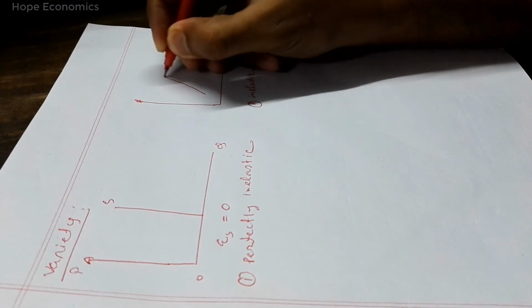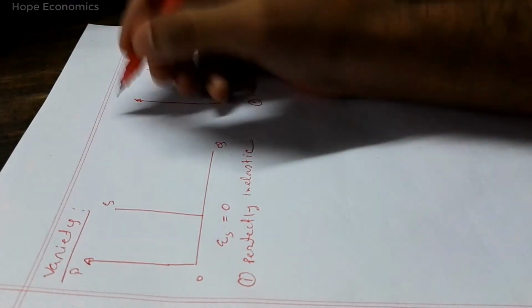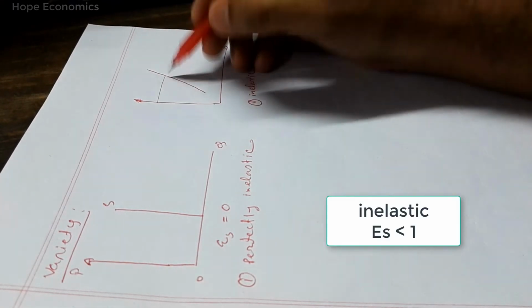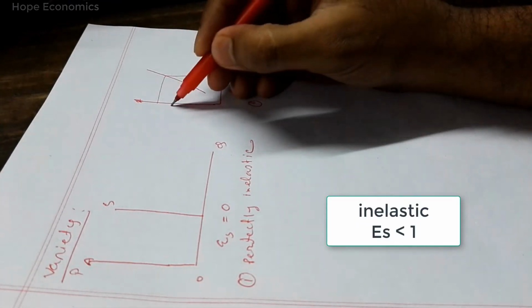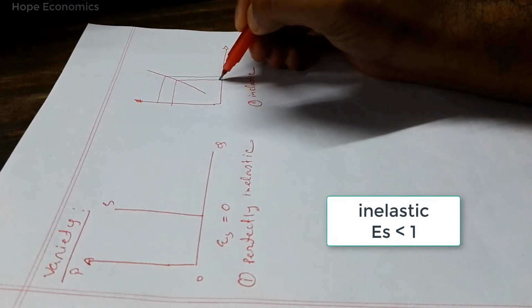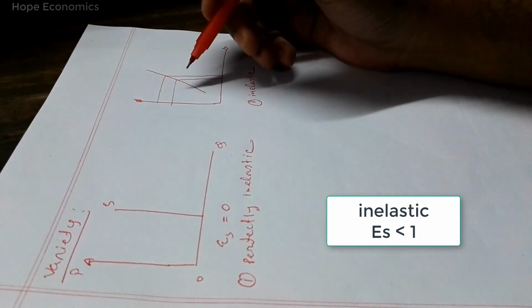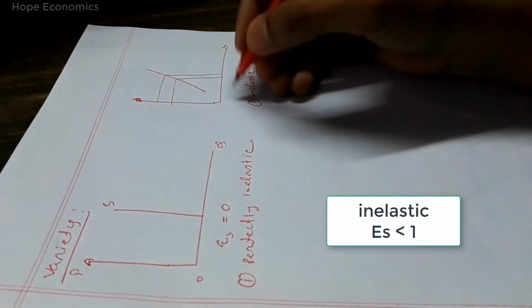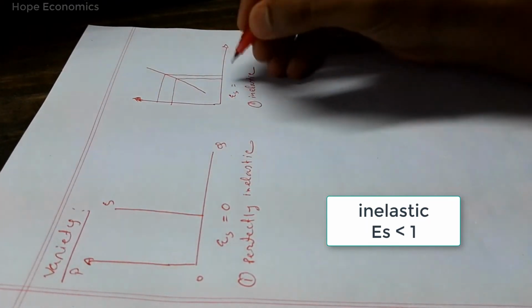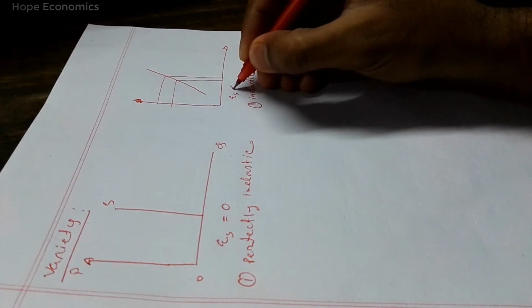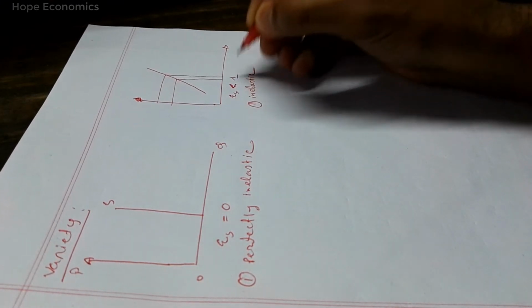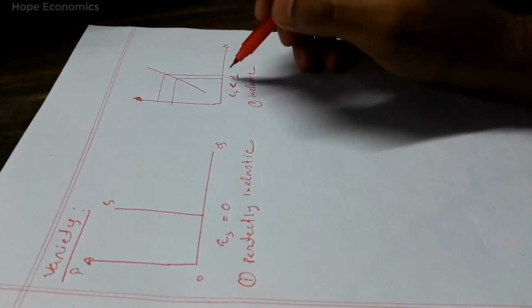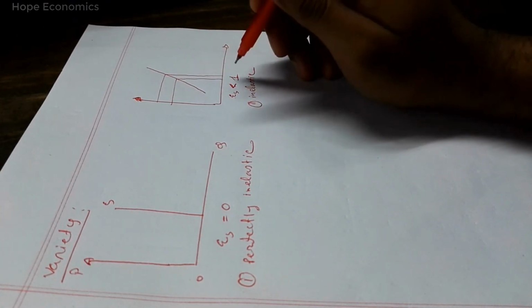So this is how it looks, and the value of elasticity here is less than 1. So in case of inelastic, the elasticity of supply will be less than 1.